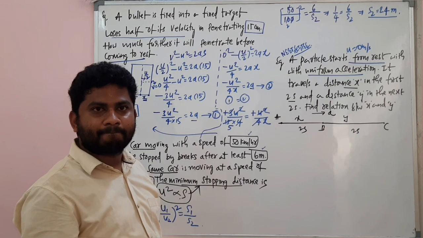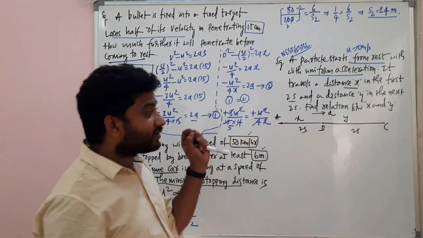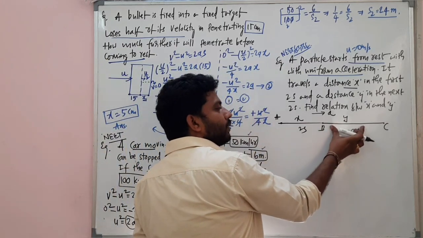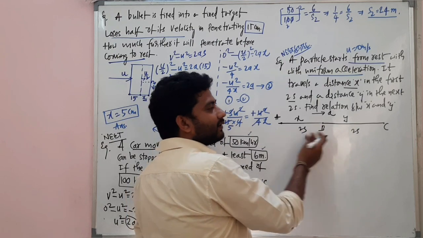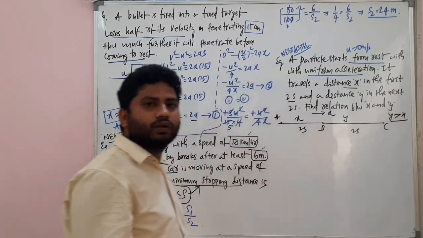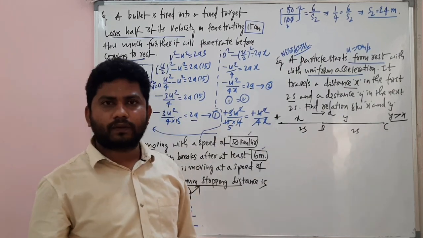It is clearly represented in the diagram. And your answer must be such that the y value is greater than x. Otherwise it's wrong, because the distance covered must be more.